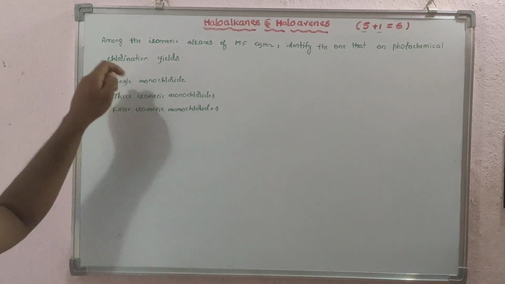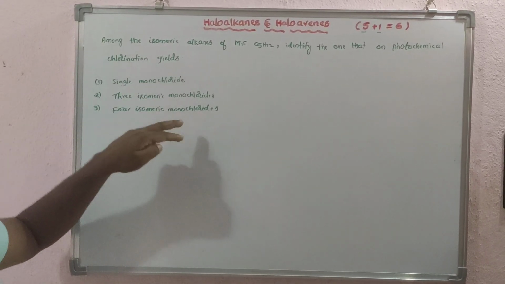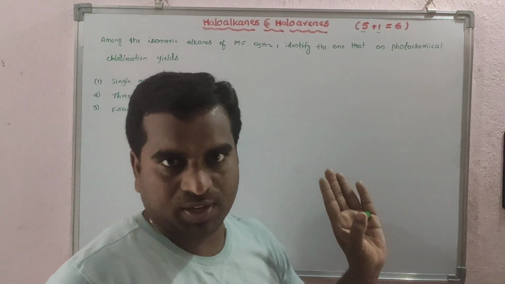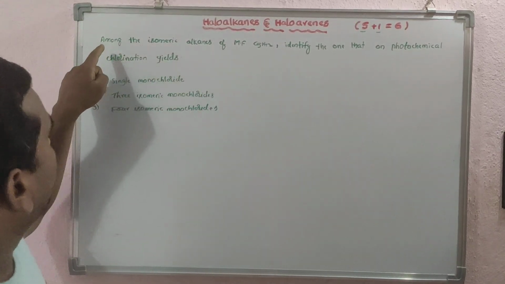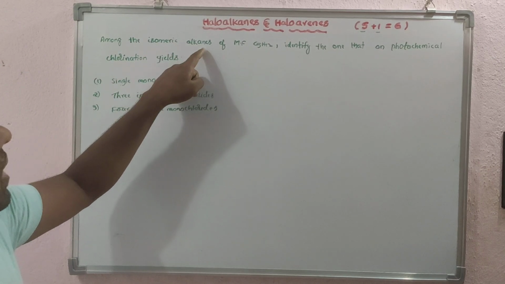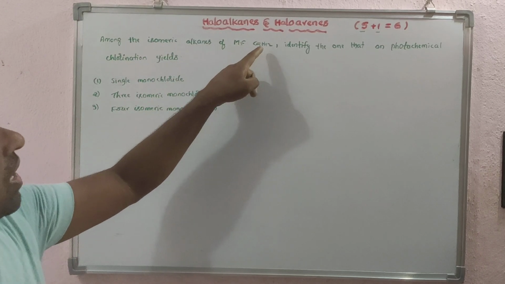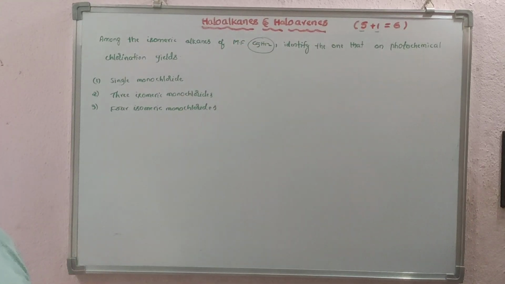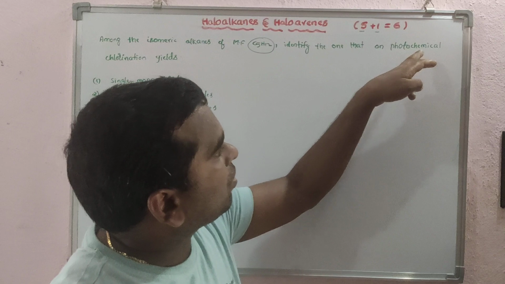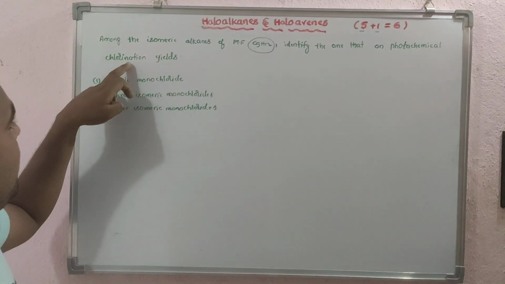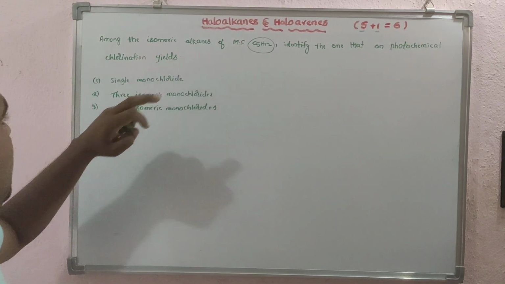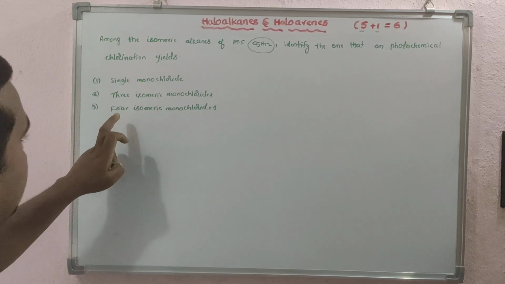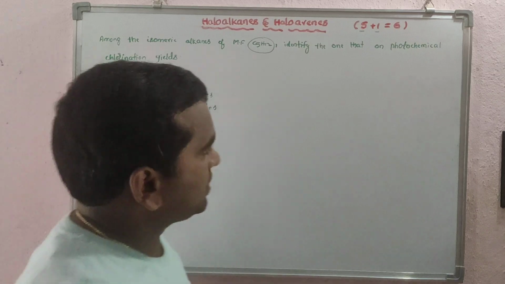Next one is another question from the NCERT textbook. Very important this is. Sometimes in competitive examinations also these types of questions are asked. See what the question is. Among the isomeric alkanes of molecular formula C5H12, identify the one that on photochemical chlorination yields a single monochloride, 3 isomeric monochlorides, 4 isomeric monochlorides.